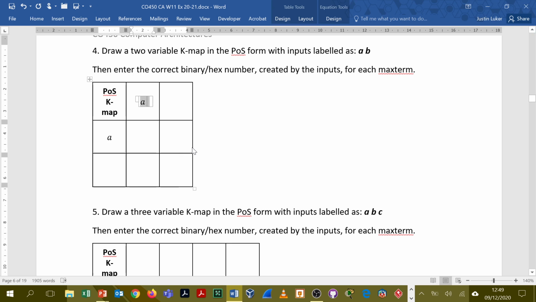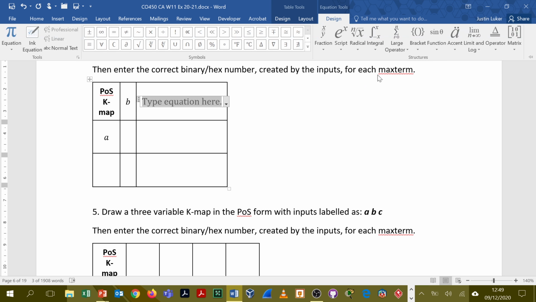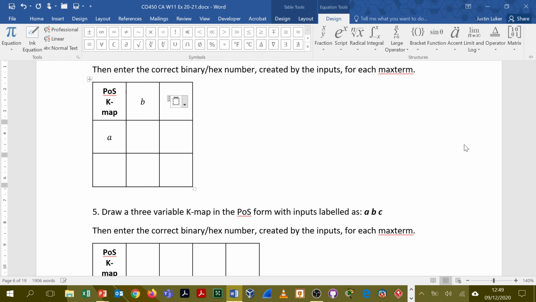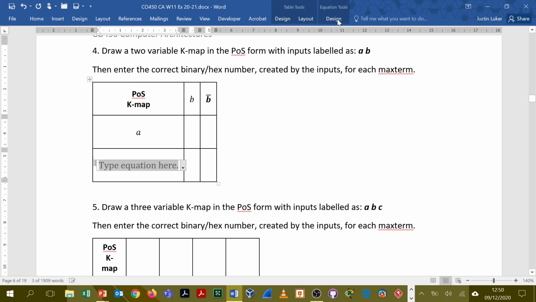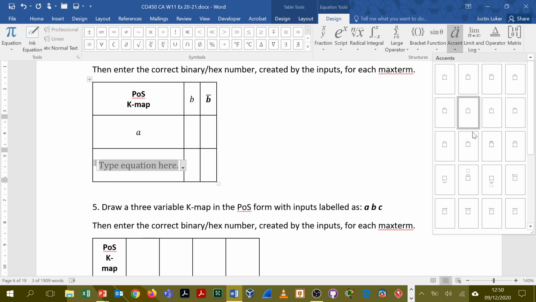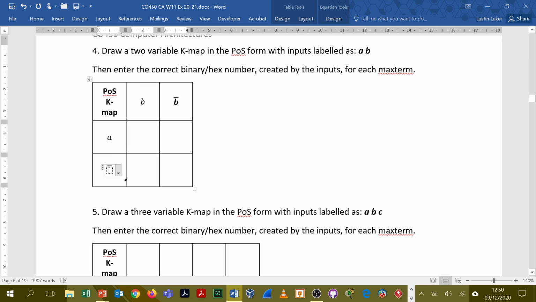And this one is B. And then we go, so B becomes not B. And A becomes not A. There we go, like that.